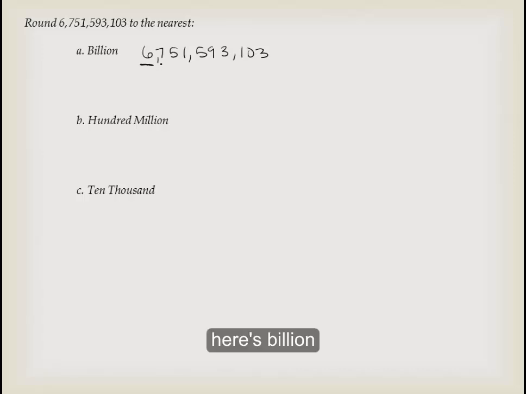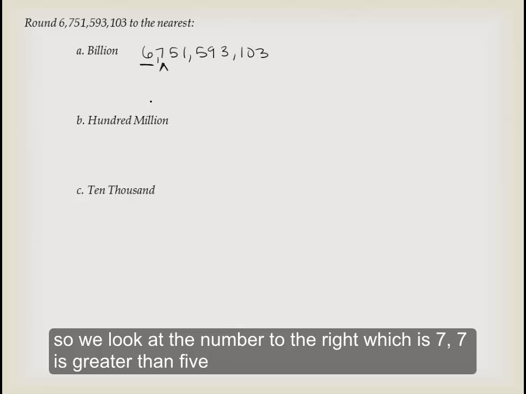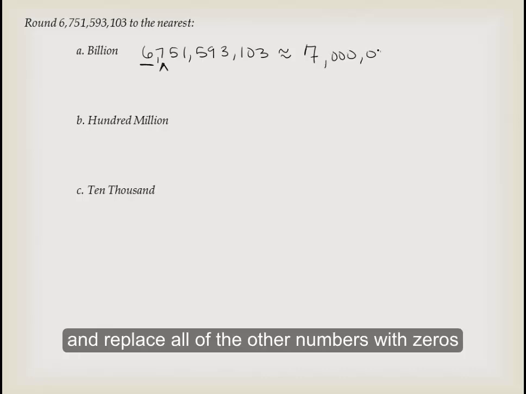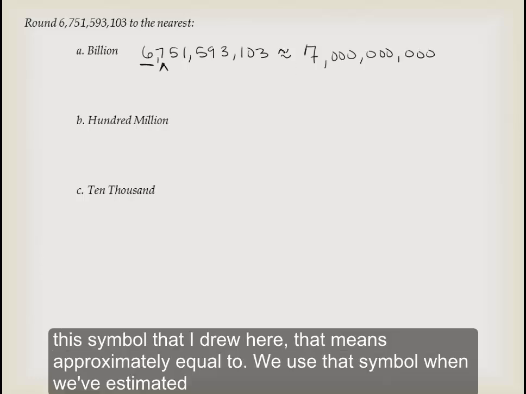Here's billion. So we look at the number to the right, which is a 7. 7 is greater than 5. So we're going to round the 6 up to a 7 and replace all of the other numbers with zeros. This symbol that I drew here means approximately equal to. We use that symbol when we've estimated.